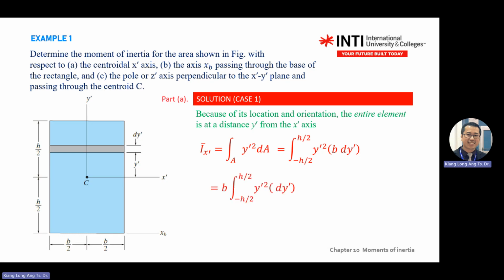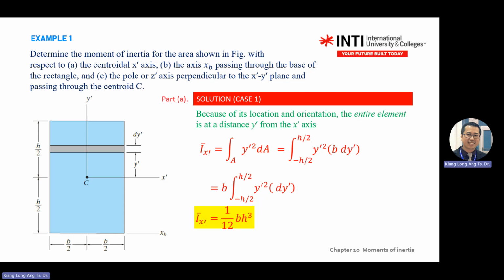Then you pull out the b and you integrate y. You substitute dy. Integrate y squared, you will get y cubed divided by 3.